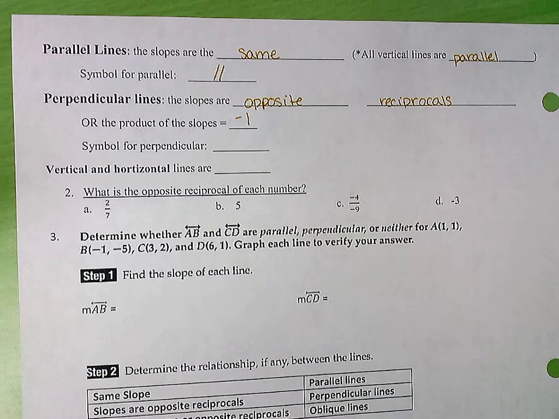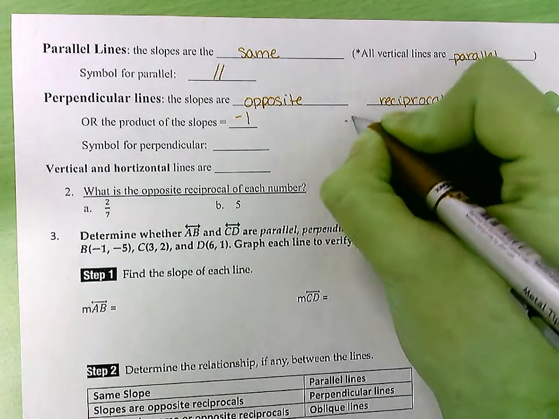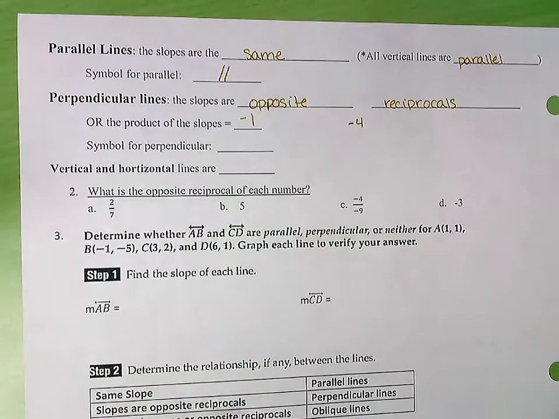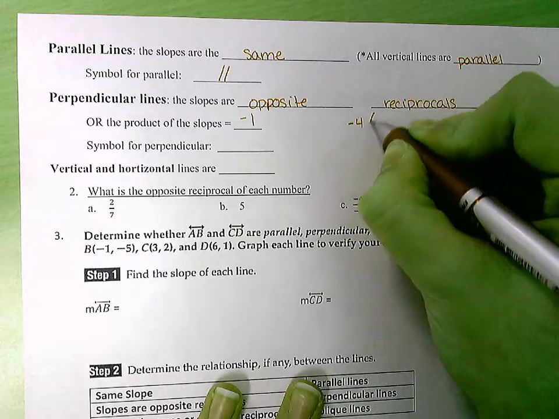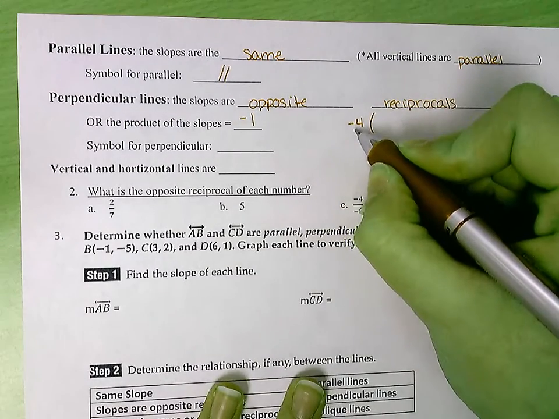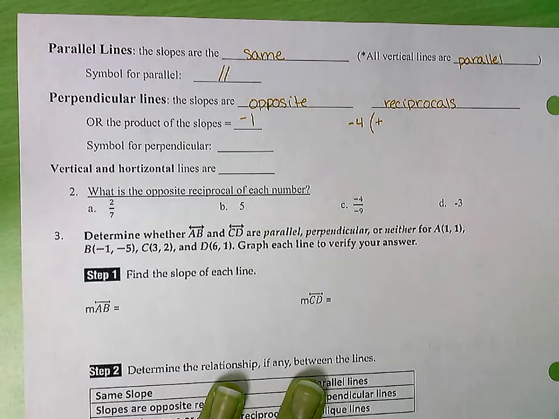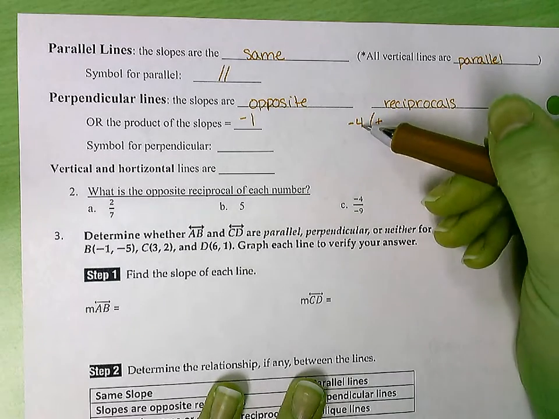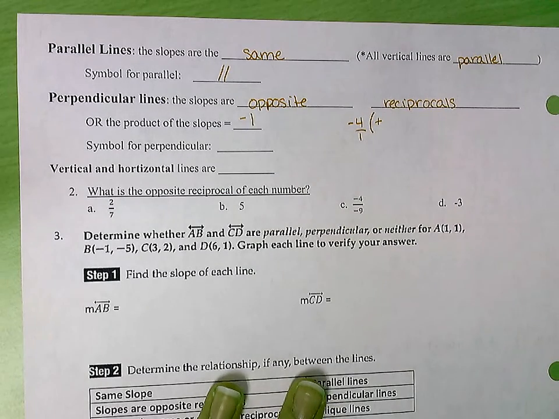So say I found a slope that was, let's say, -4. Okay, and I want to find the slope that's perpendicular to that. So you would take the opposite sign, hence opposite, so now it'd be positive, right? 4 is also considered 4/1.